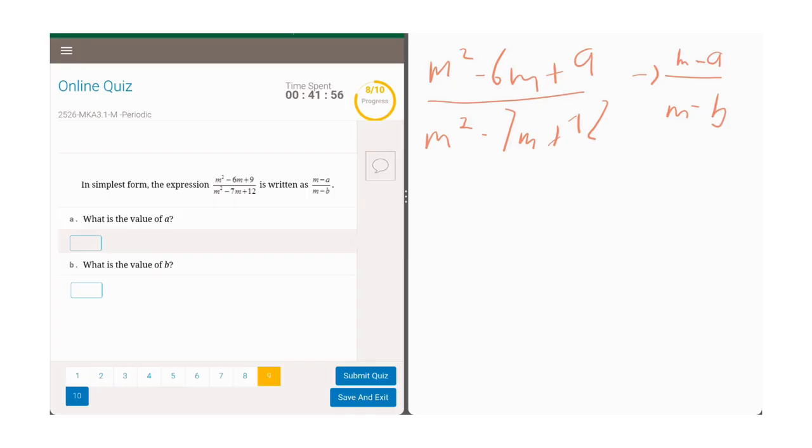So let's do the numerator. m and m. 9 will be 3 and 3. So 3m, 3m after doing cross multiplication. To make it negative 6m, we do minus 3m, so minus here and here. m times m is m squared, and negative 3 times negative 3 is 9.